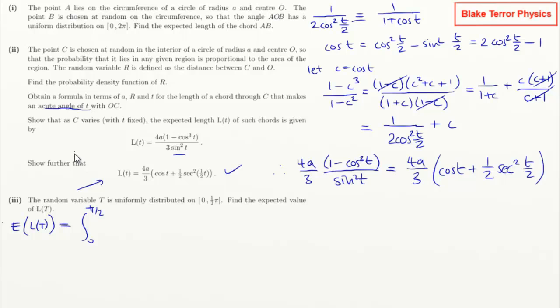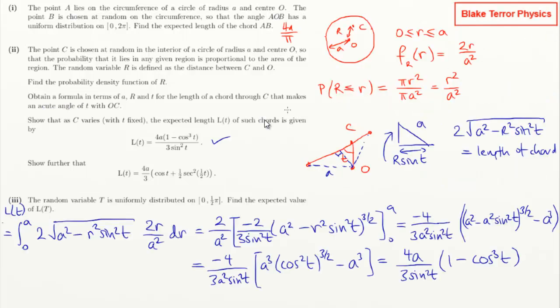Taylor formula of A, R, and T. Does it matter? They're all cosines and sines. It's not like we're getting any kind of weird asymptote or anything turning up. What did I work out as the length of the chord? It's fine if t is 0. If t is 0, we've just got ourselves a diameter.